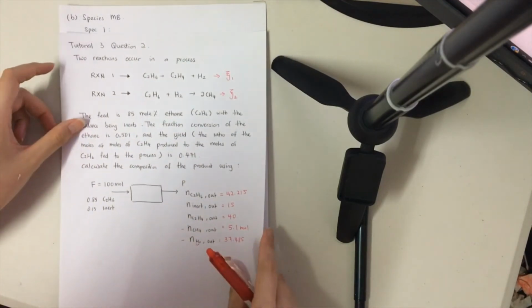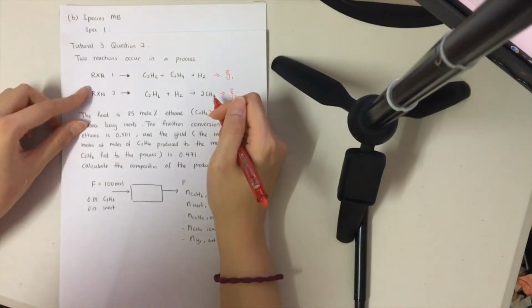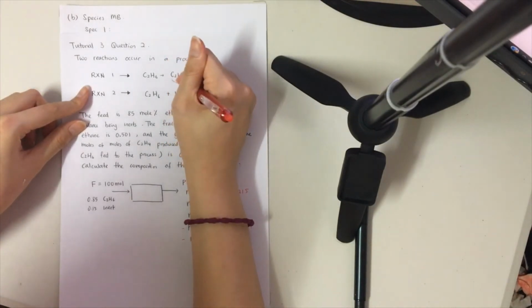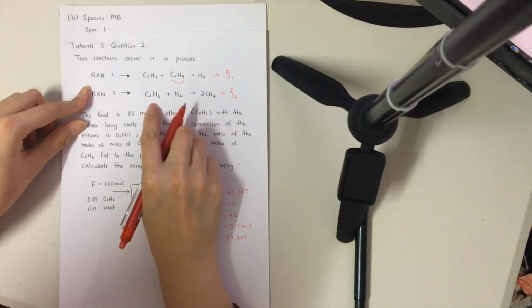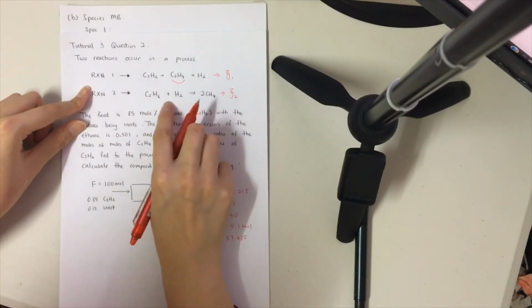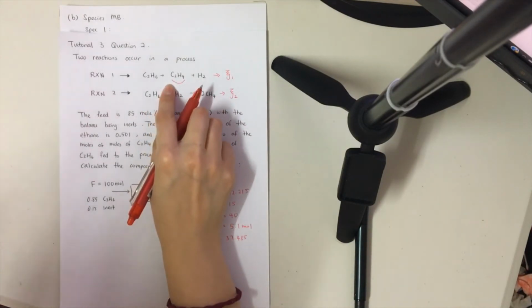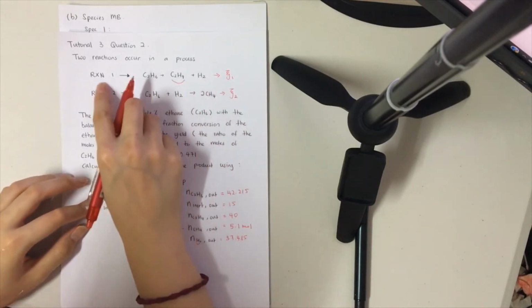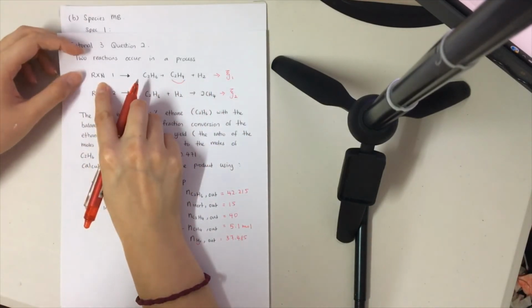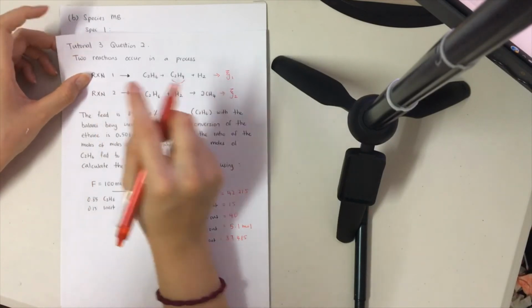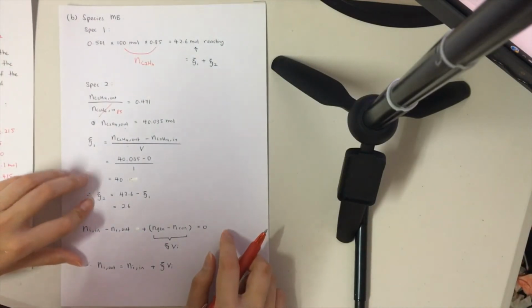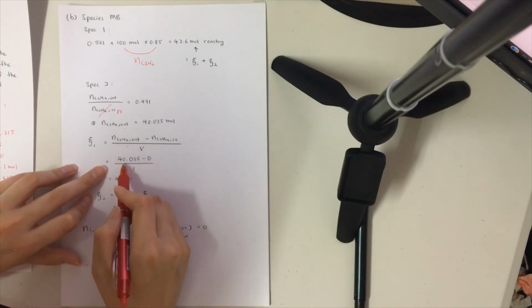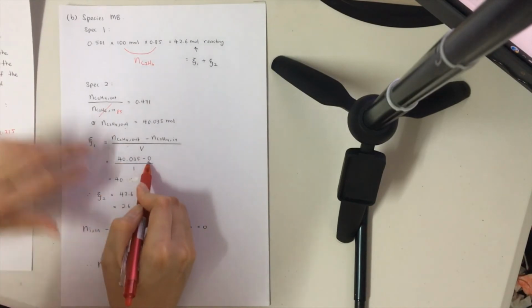So if we look at the reaction equation here, C2H4 is involved in reaction number 1, but you don't have C2H4 in reaction number 2. That is why, since we already have this information given, we might as well use the extent of reaction for the first reaction. So the number of C2H4 coming out is what we found, and there's nothing coming in.